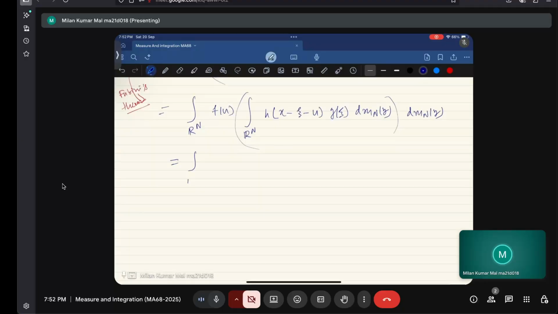So now this one is equal to integration over R^n of f, and if we look carefully, it will be h star g at the point j, so x minus u, whole into dm y.